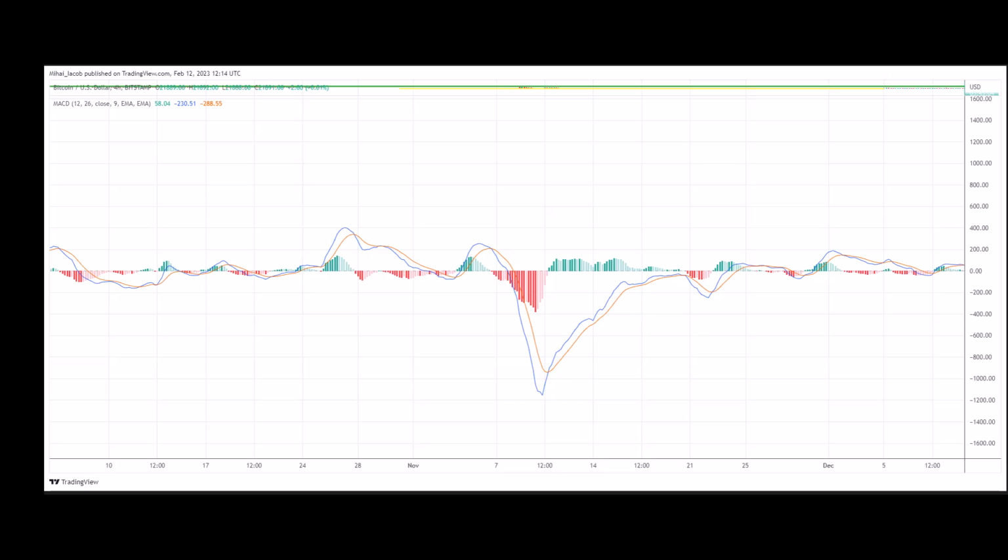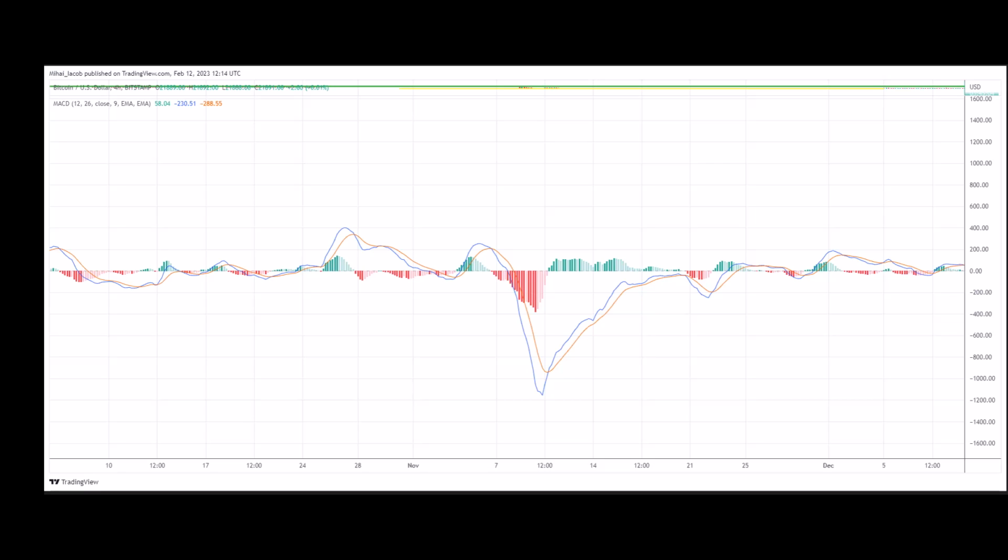Another way to use MACD, and this is how we will use it in this strategy, is to look for divergence between the MACD and the price action of the Forex pair, crypto coin, indices, etc.